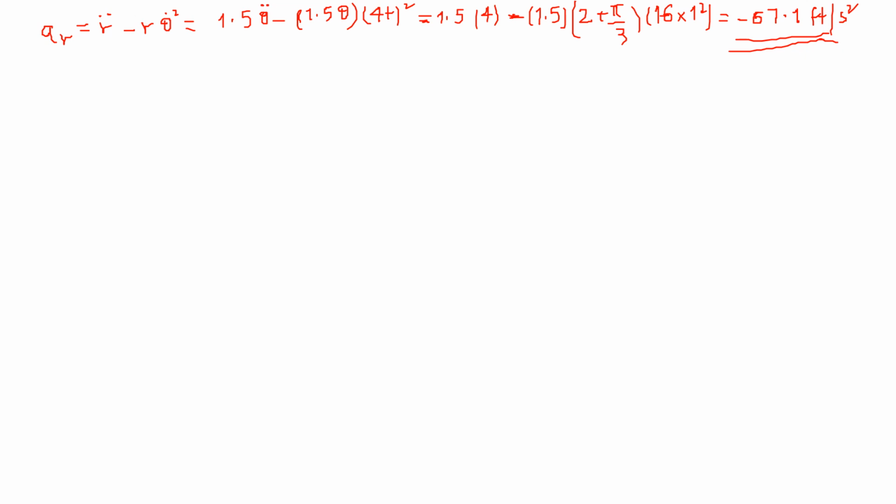Finally, now we have the transverse acceleration a_theta. This is r theta double dot plus 2 r dot theta dot, and again we're just replacing these quantities. r is 1.5 theta, right? Theta double dot here is the angular acceleration, so just remember that.